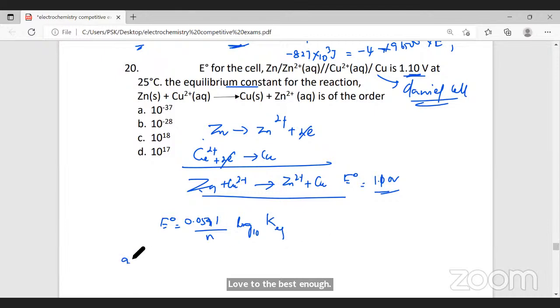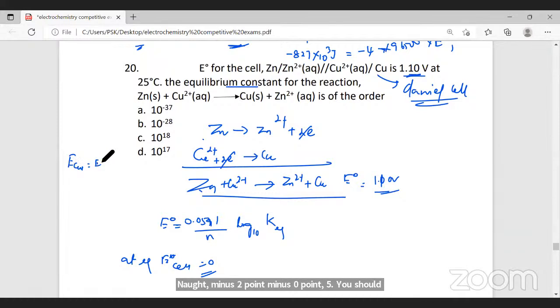At equilibrium, you should remember, E cell is equal to 0, because E cell is equal to E naught minus 0.0591 divided by n log of the equilibrium constant. You should remember this equation, the Nernst equation.